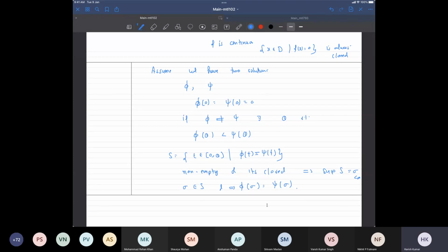Okay. So now if that part is clear, now we are in the final step to show that they are exactly equal. There is some contradiction if this sigma happens to be less than theta.